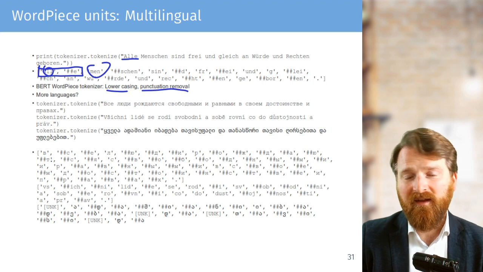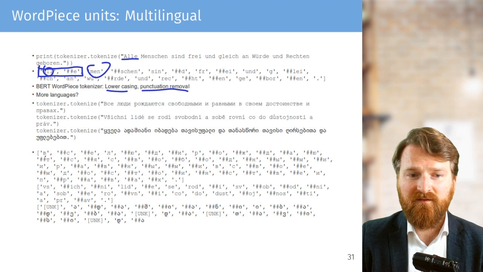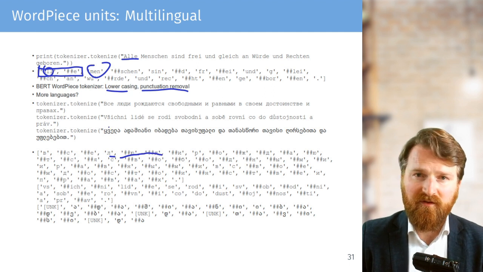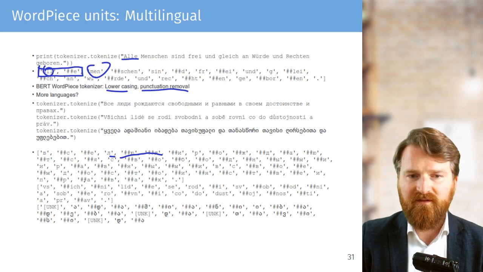It's again splitting, but now we see that we have fewer word piece units for these languages. So it's splitting quite a lot into sub pieces, which has a reason because of the training, which we'll cover later on. Also, we see for the Georgian language that it actually produces some unknown subword units, because it doesn't actually know all of them.